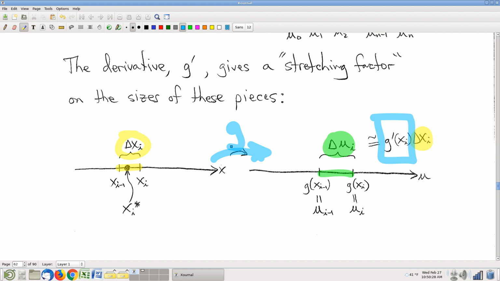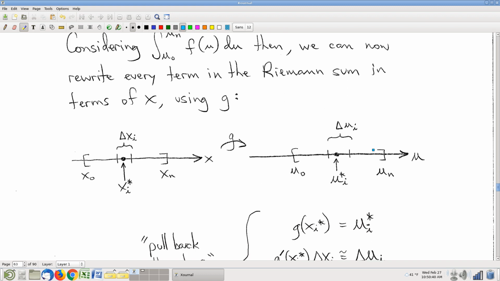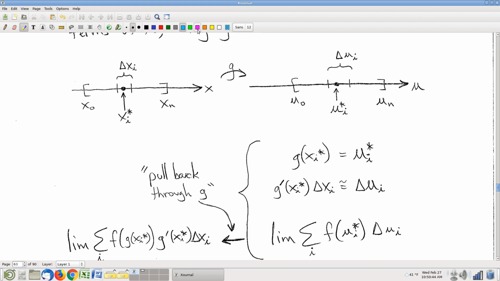Everybody cool? Okay, so multiplying by the derivative is the stretching factor. Now what I'm going to do is suppose that I've got some integral on the u-axis.